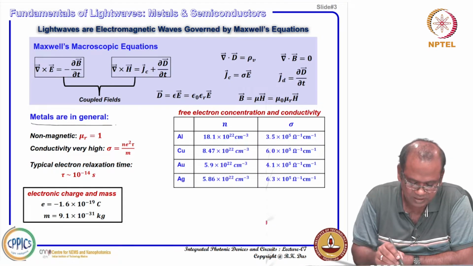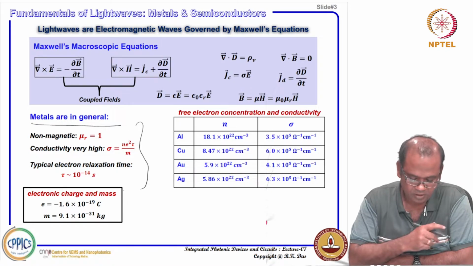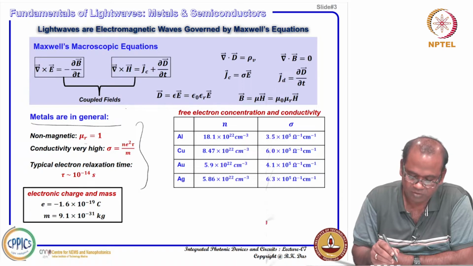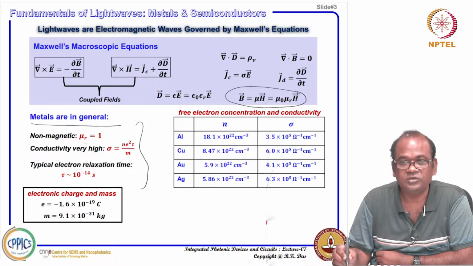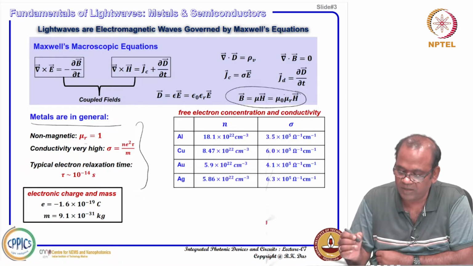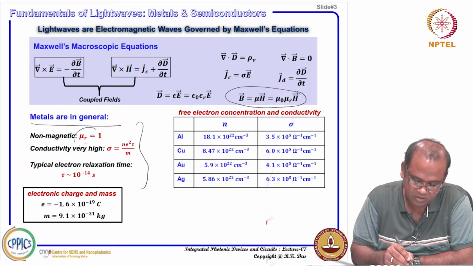So, now you see, metals in general, from the properties we have discussed so far, are non-magnetic materials. So, here when I consider B equal to μH equal to μ0 μR H, for most metals we use they are non-magnetic, so μR is equal to 1.